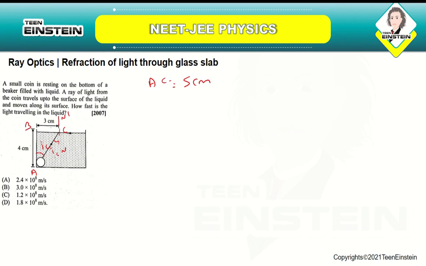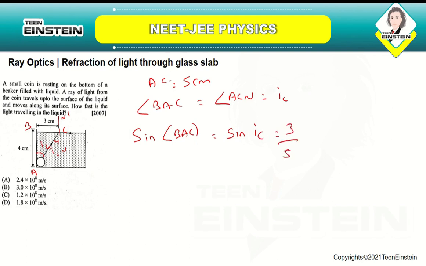So, the angle BAC is equal to angle ACN, which is equal to IC. So, you are taking sine of angle BAC is equal to sine of IC is equal to 3 by 5, because we know this is 3 and this one is 5.